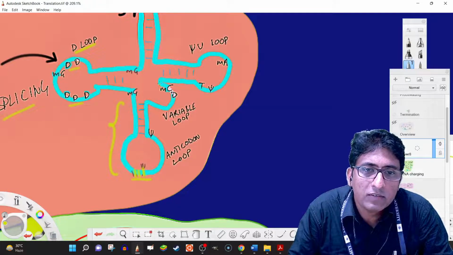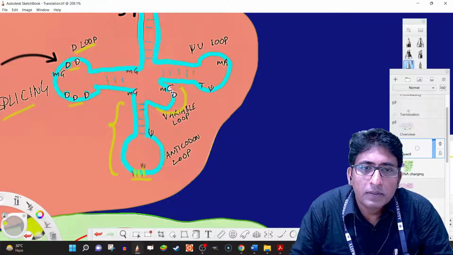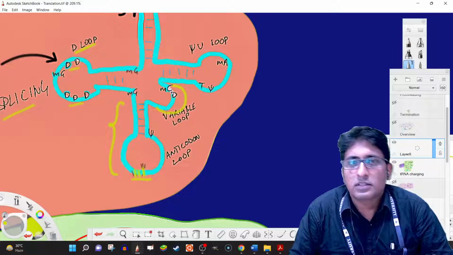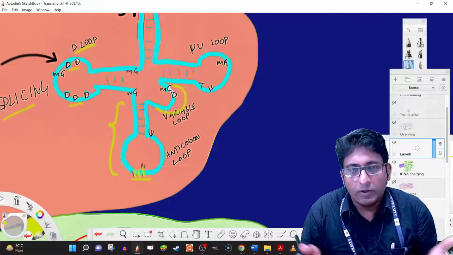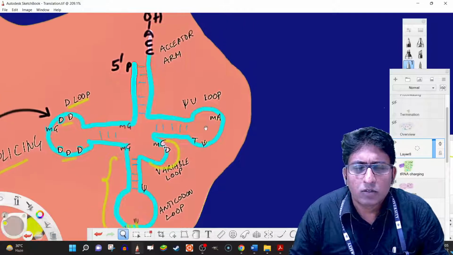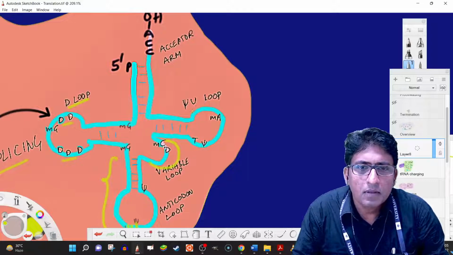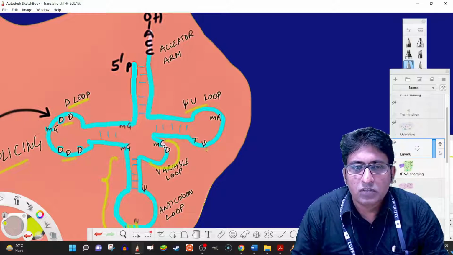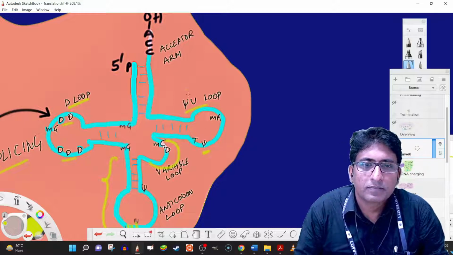And here we have a small variable loop. We call it variable because in different tRNAs it varies in size. Some of them, I think, don't have it as well. And this loop we call the pseudouridine loop, due to the presence of pseudouridine.